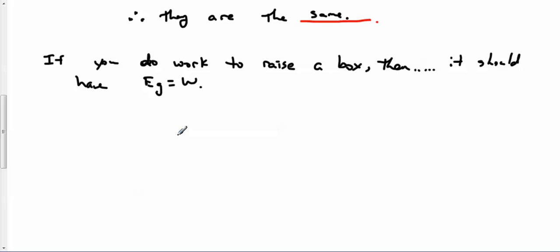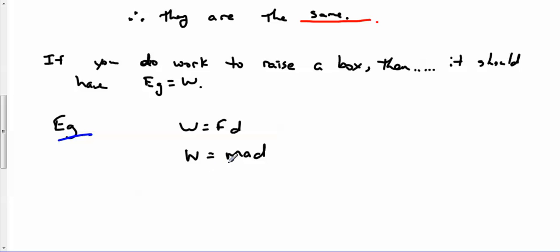So let's derive some equations here. First for EG. Let's start with work equals force times distance, and I know that the formula for force is MA, so work seems to be equal here to MAD.